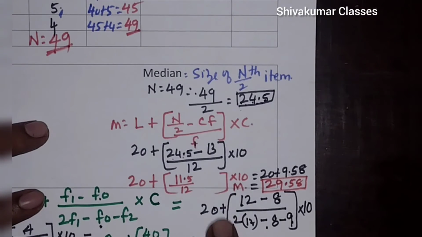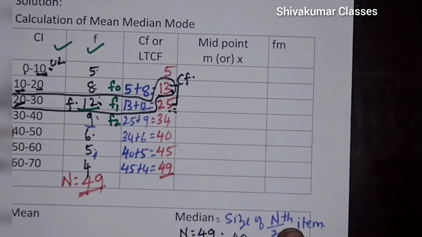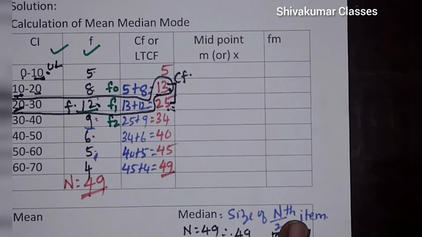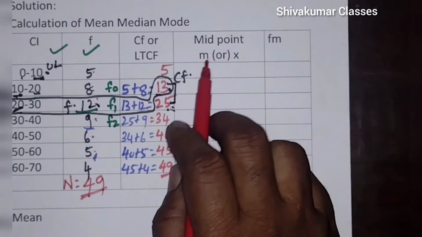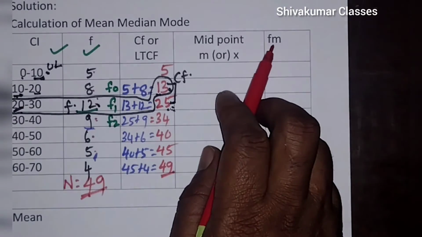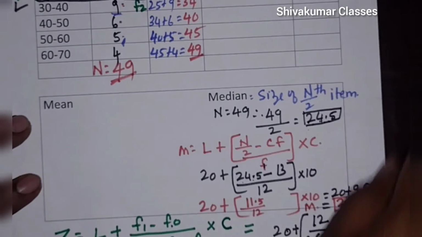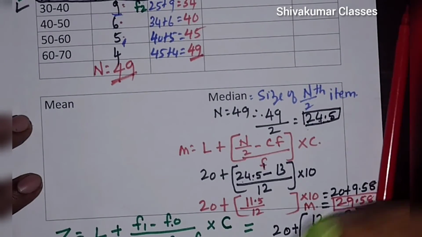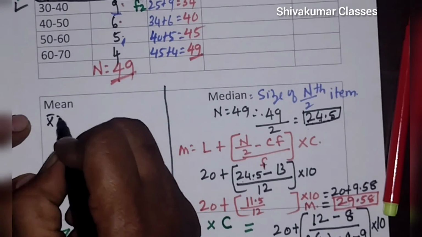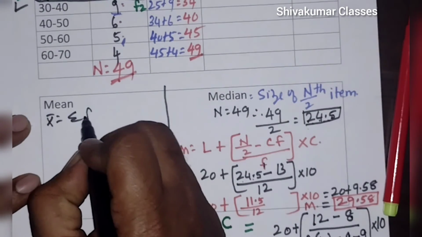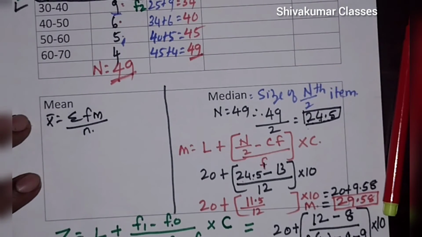Now these two calculations are over, from the reverse order. Let us come to the calculation of the very first concept, mean. When I want to calculate the mean, I require the midpoint and FM, because my formula is x bar equals summation FM divided by n.